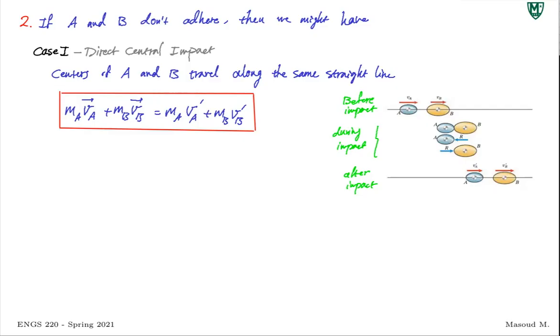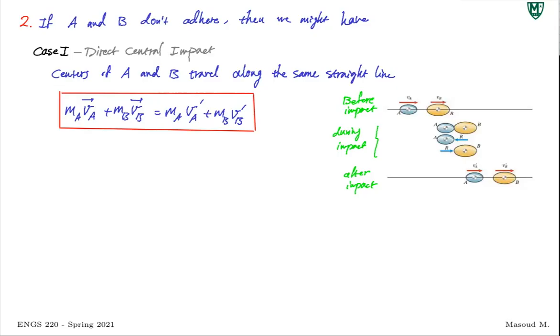If you think of two objects hitting each other, like in a car accident, obviously there is going to be some deformation in these objects, depending on how strong or stiff they are. You might have some generation of heat or sound. In the accident you definitely can hear the sound of that. And that's part of the energy being released from the system because of the accident and impact.